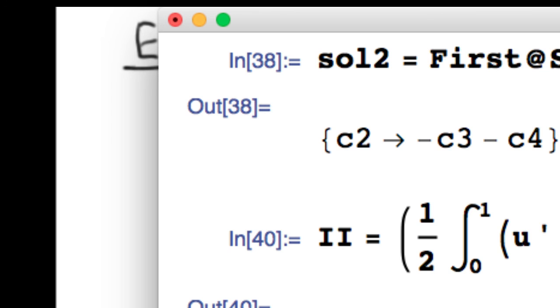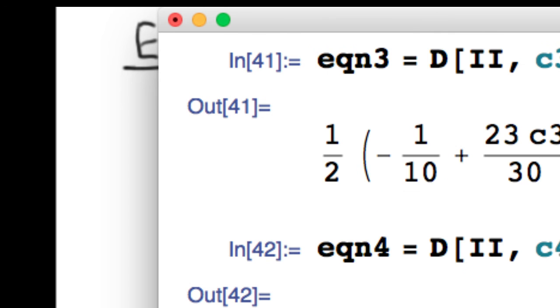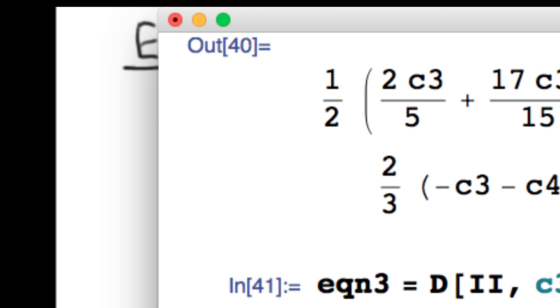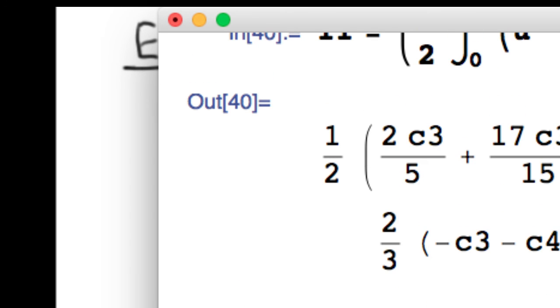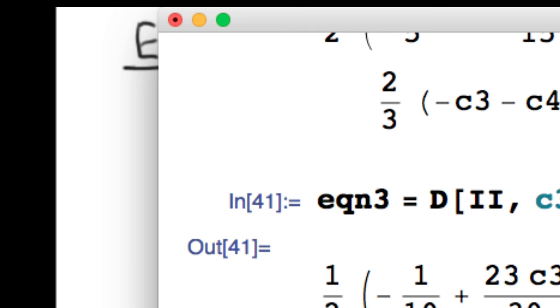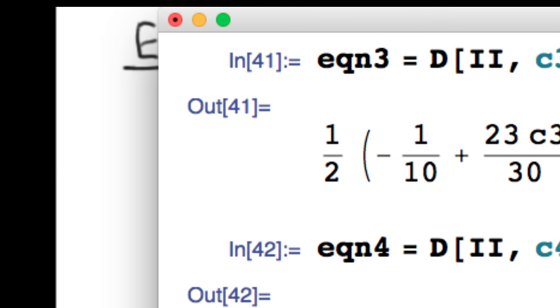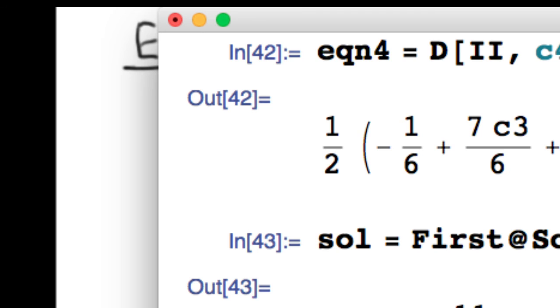Then I can solve those two equations. What's going on here?